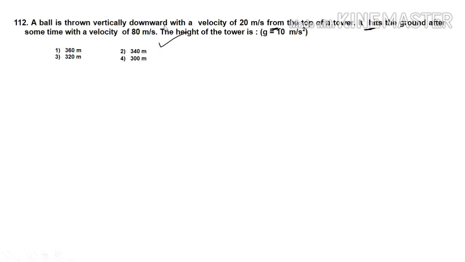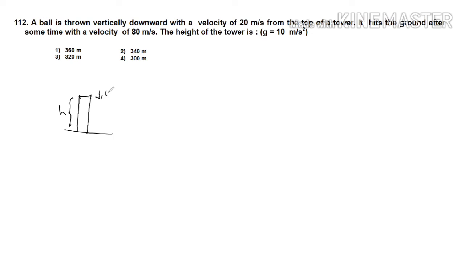Now see the next question. A ball is thrown vertically downwards with a velocity 20 meters per second from the top of a tower. It hits the ground after some time with a velocity of 80 meters per second. The height of the tower is, okay, just imagine this one as a tower of height h.